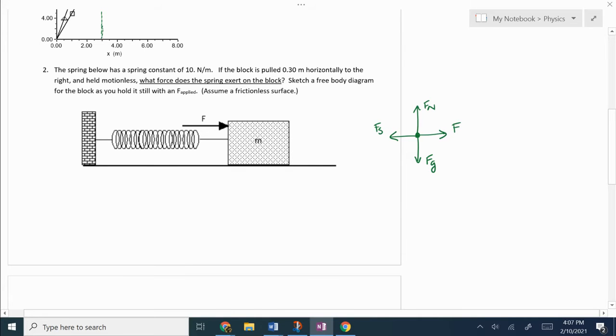It's asking you to find that force, but that force is going to be equal to the force of the spring, right? F is going to equal Fs, the force of the spring. So you just need to calculate the force of the spring, which is just kx, pretty easy.